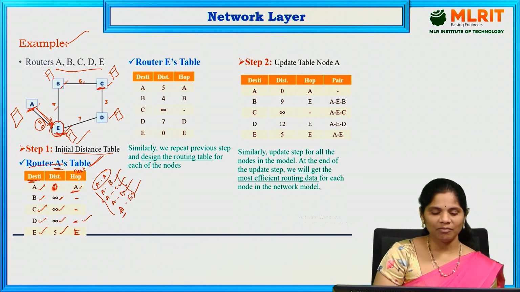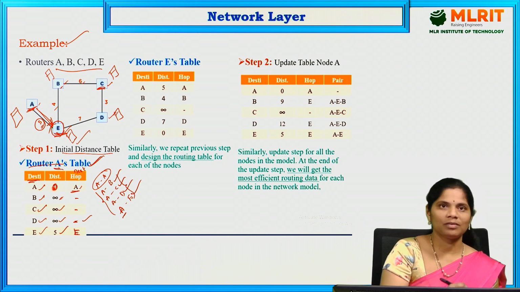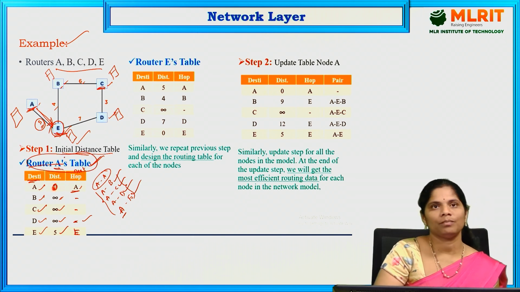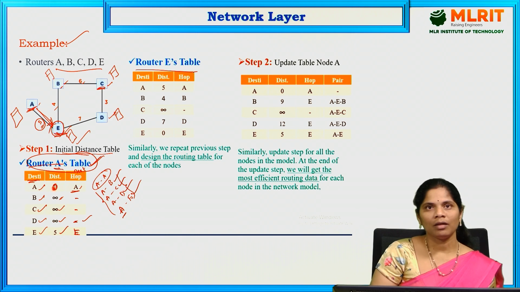At the same time, for each and every router we have to find the routing tables. So this is only for the router A table. Suppose in the next case we find the router E table.